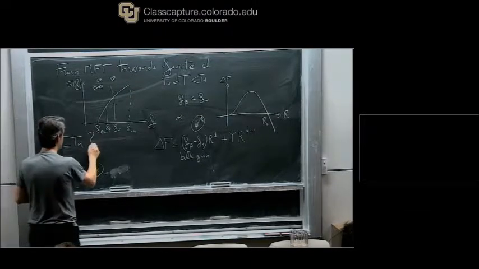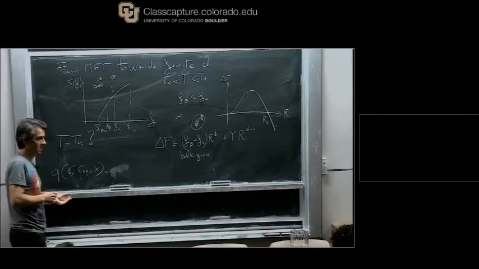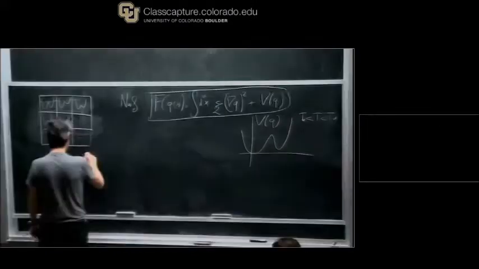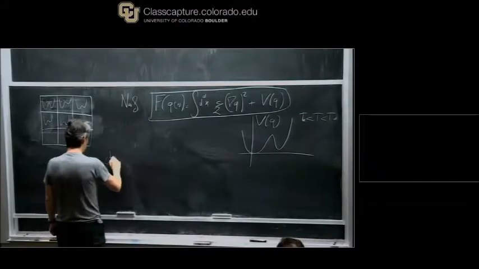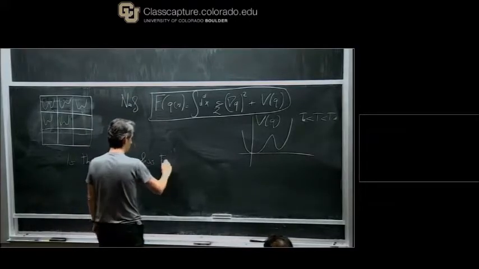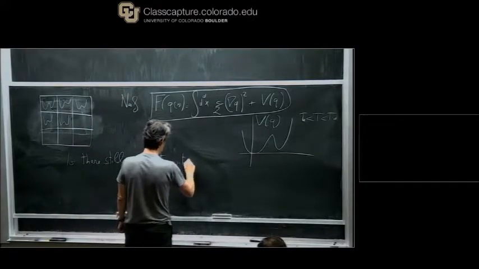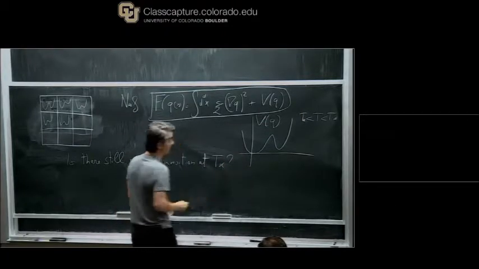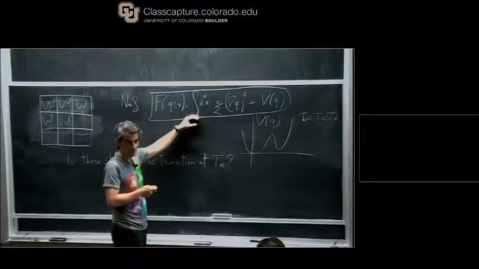Is there still a glass transition at T_K? That's the question I want to address, and I will address it using this functional.